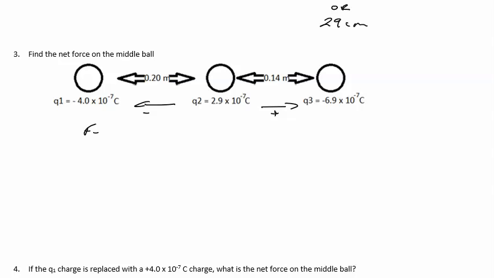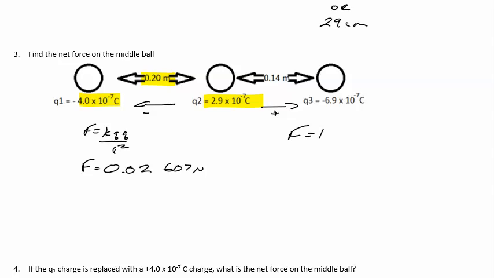So as we type this in with our k q1 q2 over r squared, where we've been given charge 1, charge 2, and distance, and k is a constant, always the same, this force winds up being 0.02607 newtons.